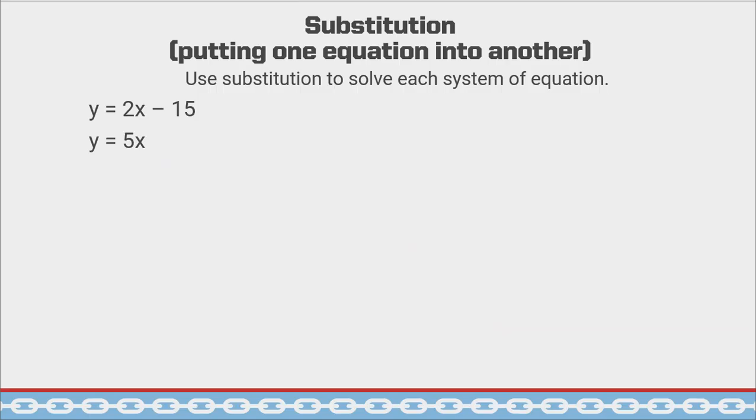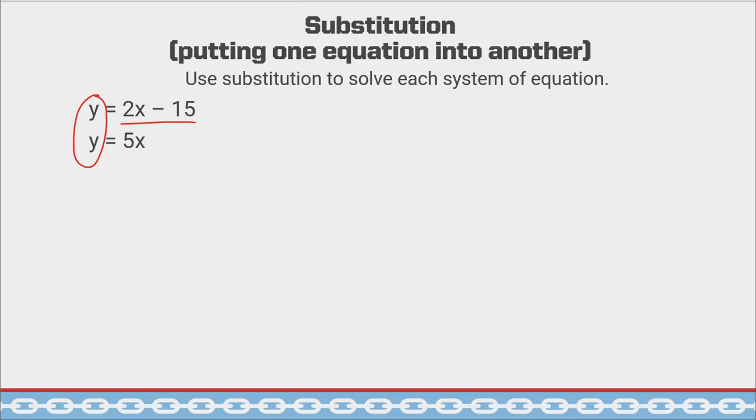The main strategy we're going to focus on today is substitution, and a little bit of elimination. Here we see that we have two y equals equations, right? They both are equal to y. So I know that y is equal to 2x minus 15.